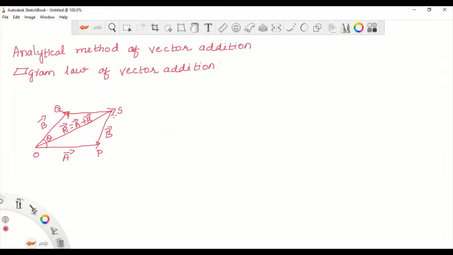In order to find it, first we have to draw the normal. This will be the normal which is drawn, SN be the normal, and this angle will be theta and this will be 90 degrees.